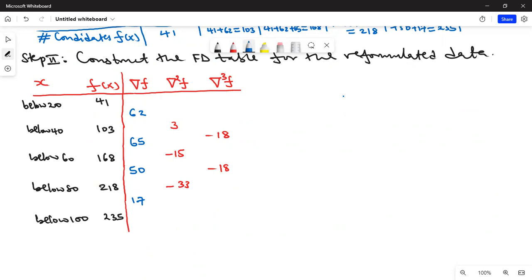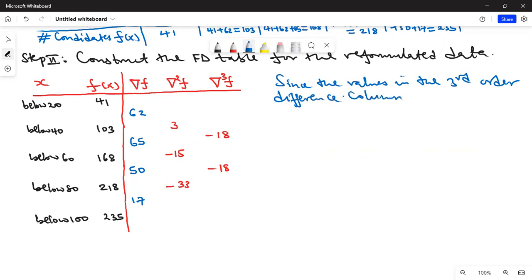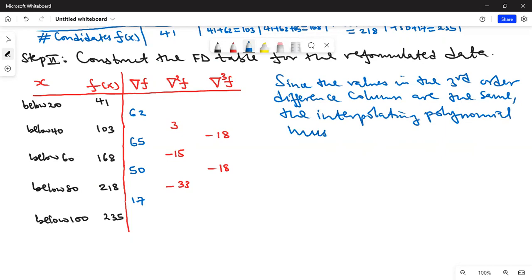So you can write, since the values in the third order difference column are the same, the interpolating polynomial must be of degree 3.